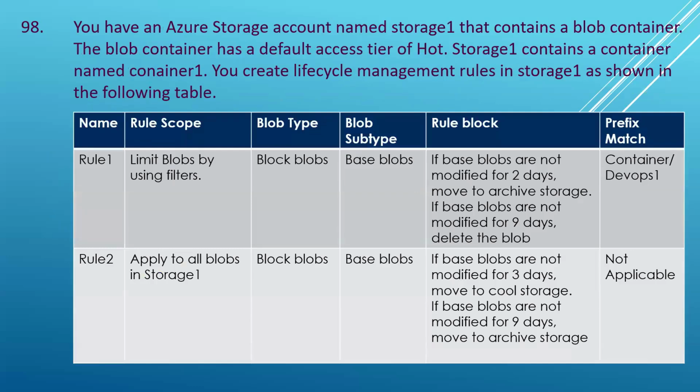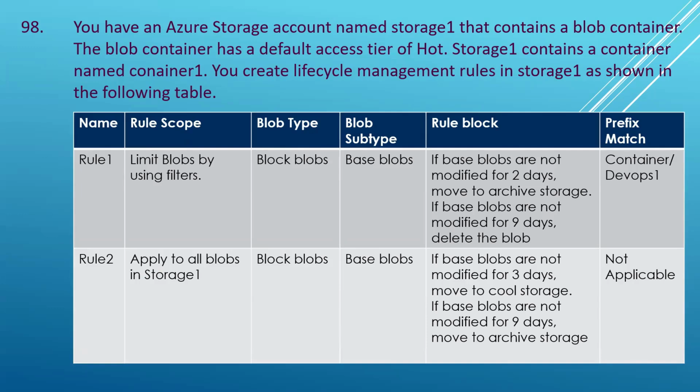Next question. You have an Azure storage account named storage1 that contains a blob container. The blob container has a default access tier of hot. Storage1 contains a container named container1. You create lifecycle management rules in storage1 as shown in the following table.